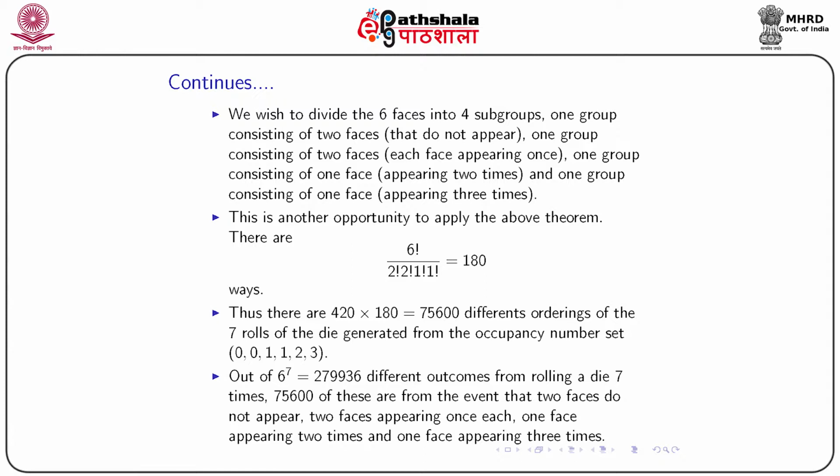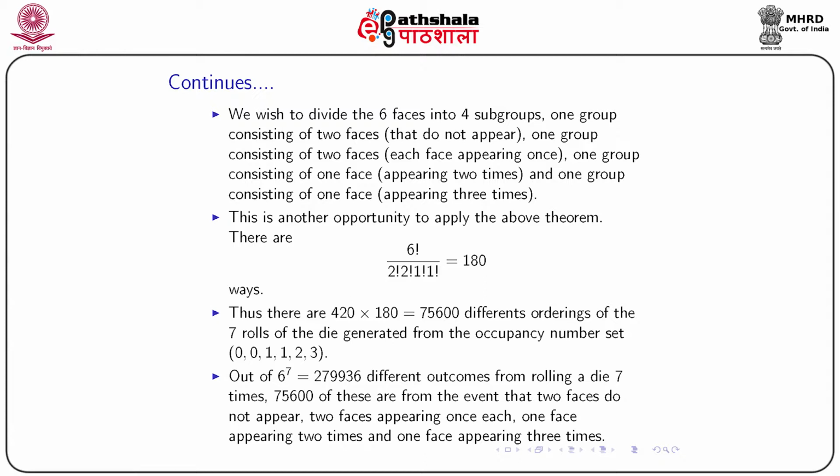So in total there are 420 into 180, that is 75,600 different orderings of the 7 rolls of the die generated from the occupancy number set 0, 0, 1, 1, 2, 3. And if you consider the total number of outcomes, it will be 6 to the power 7, and this number is 279936.